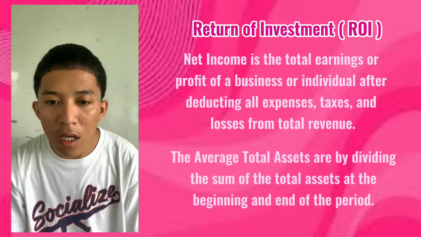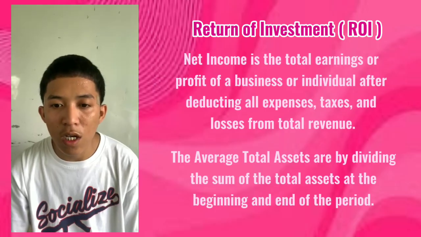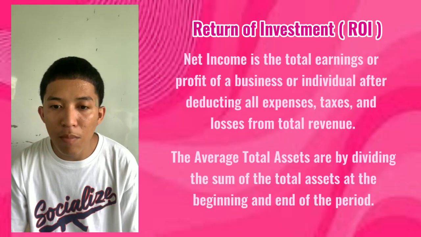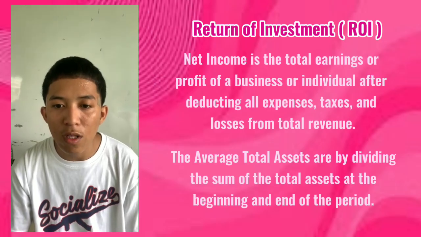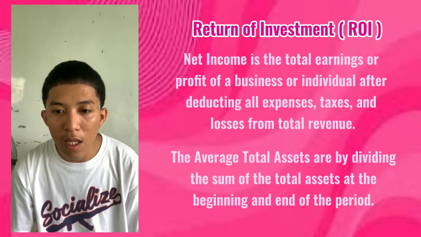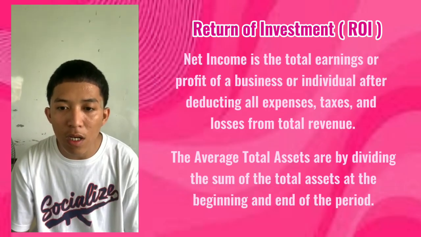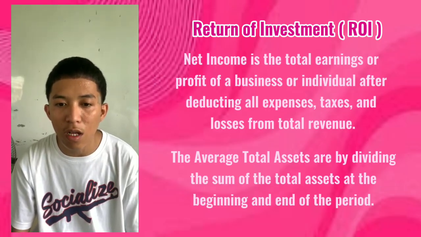An ROI of 20% suggests that for every peso of assets invested, the business generates 0.20 pesos in net income. It's a measure of how well the company is using its assets to generate profit.